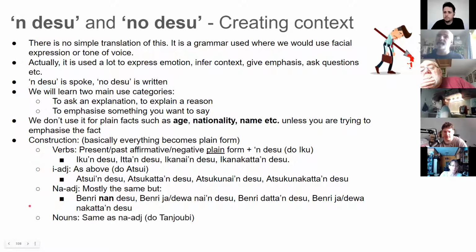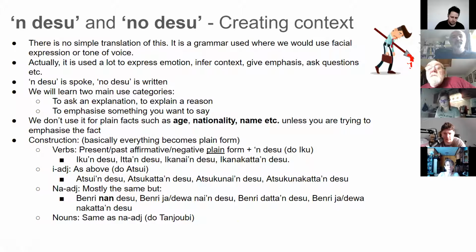Okay, you'll be glad to know that nouns are exactly the same as na adjectives. So again, we have to use nan for the affirmative present tense. Okay, let's do tanjobi for birthday. So Piotr, it's a birthday. Tanjobi nandes. Yep, good. Tobe, it's not a birthday.